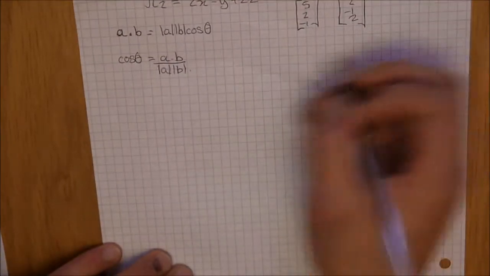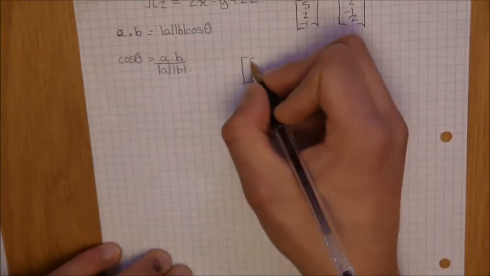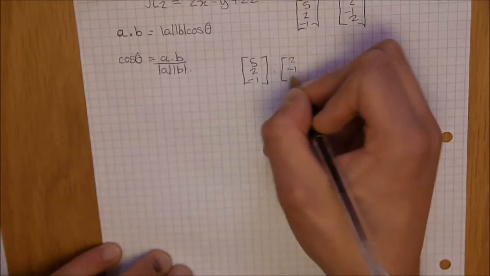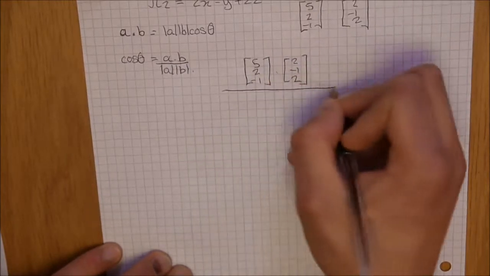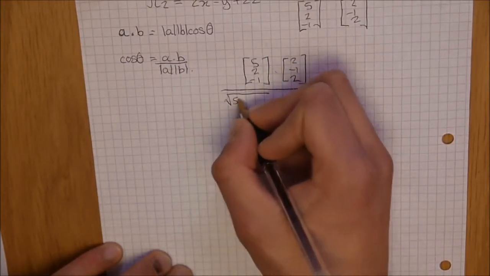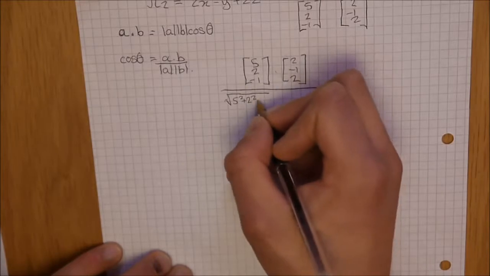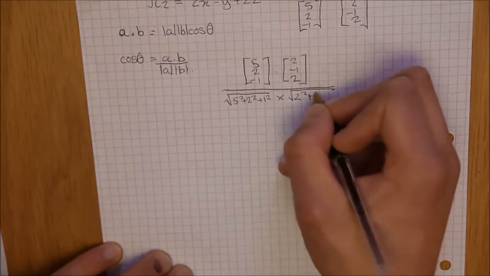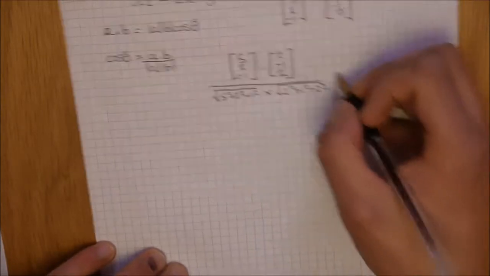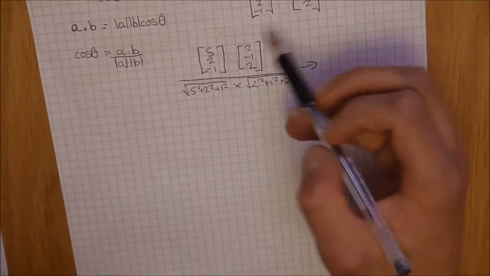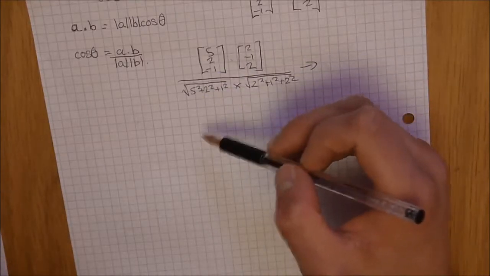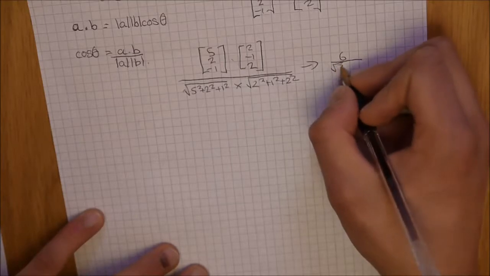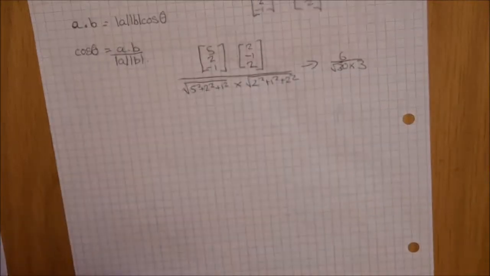We do the dot product, which is 5, 2, minus 1 dotted with 2, minus 1, 2, over the magnitude of vector A, 5 squared plus 2 squared plus 1 squared, times 2 squared plus 1 squared plus 2 squared. Once we've done the dot product, it will be 10 minus 2 minus 2, which is 6, over root 30 times 3, so 3 root 30.